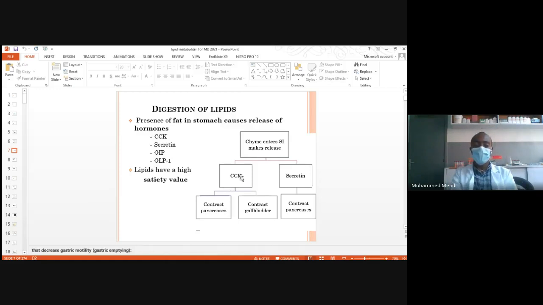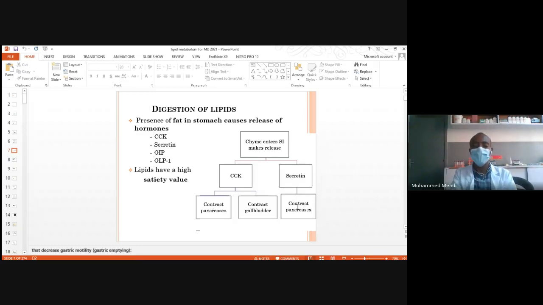Functions of cholecystokinin: this one is very important to stimulate pancreatic enzyme secretion and gallbladder contraction. As a result, the gallbladder releases bile salt to the small intestine, and the pancreas releases proenzymes or zymogens. They will be released to the small intestine, and then we'll have digestion by these enzymes.